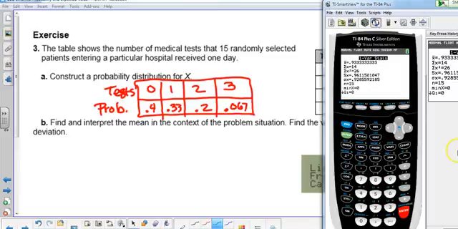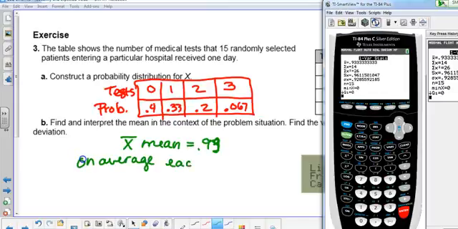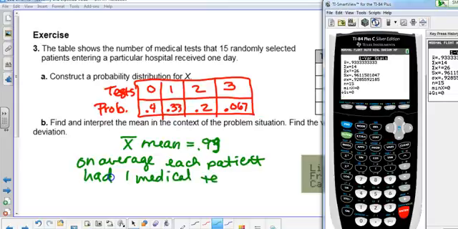All right. What are we going to put here? The mean is 0.93. What does that mean? On average, each patient had one medical test, right? The standard deviation, 0.9286.